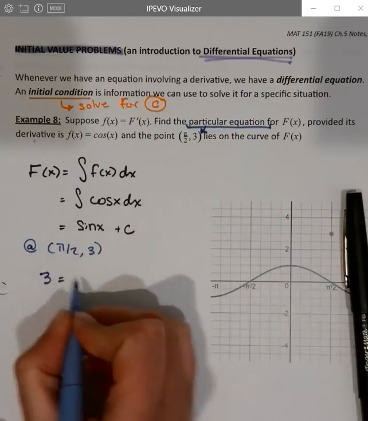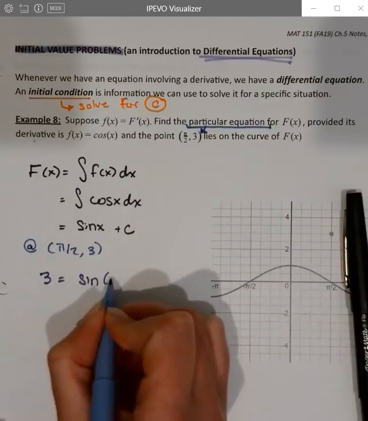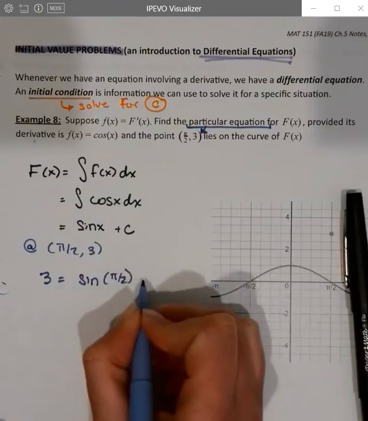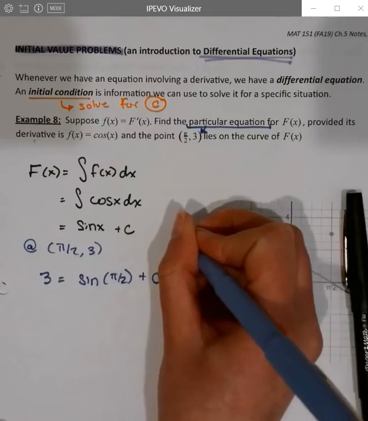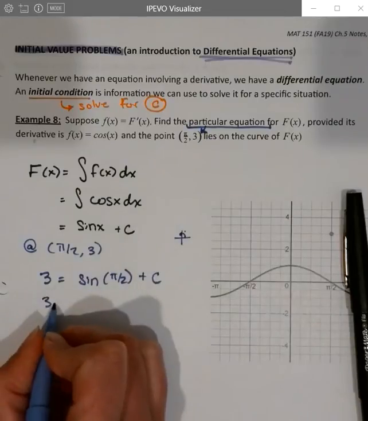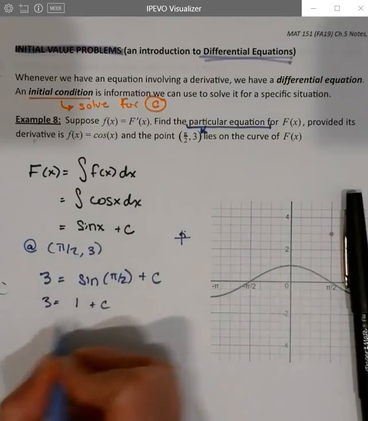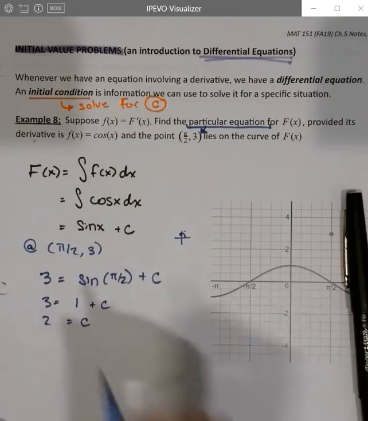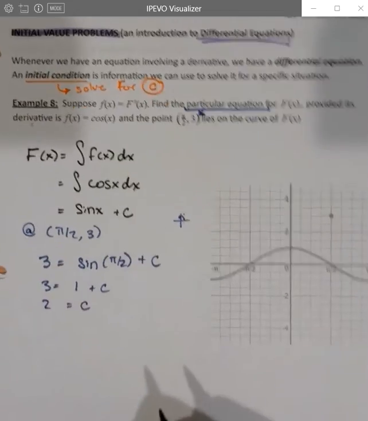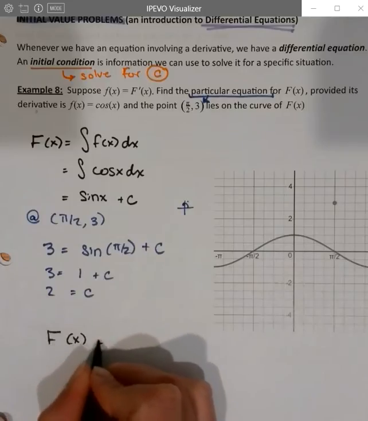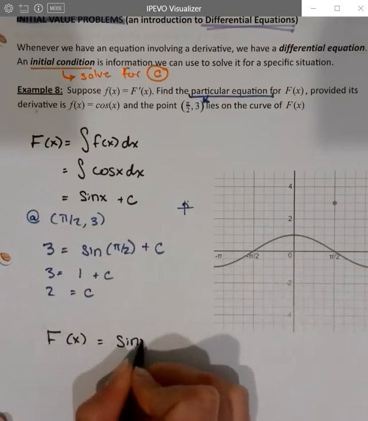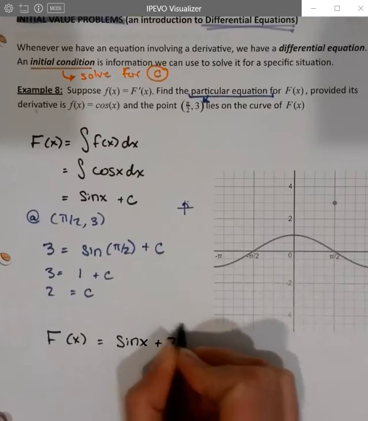So 3 is going to be equal to sine of pi halves plus c. So sine of pi halves is 1. So 3 equals 1 plus c. So 2 is equal to c. And so our particular solution for F is sine of x plus 2.